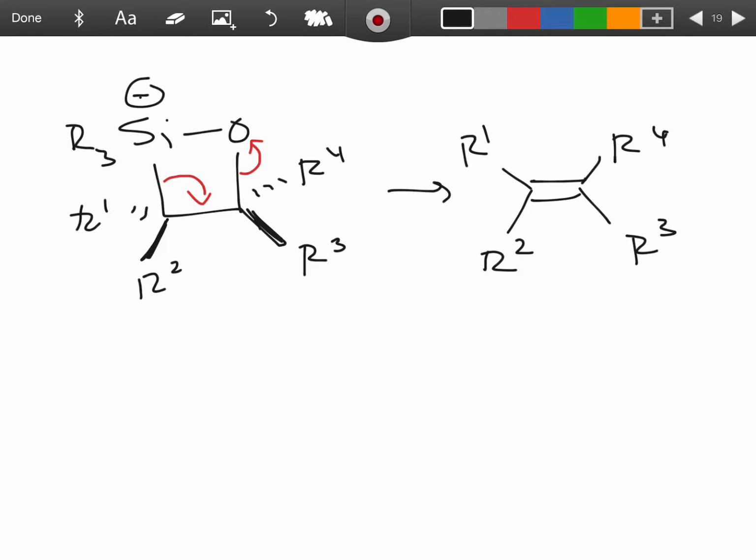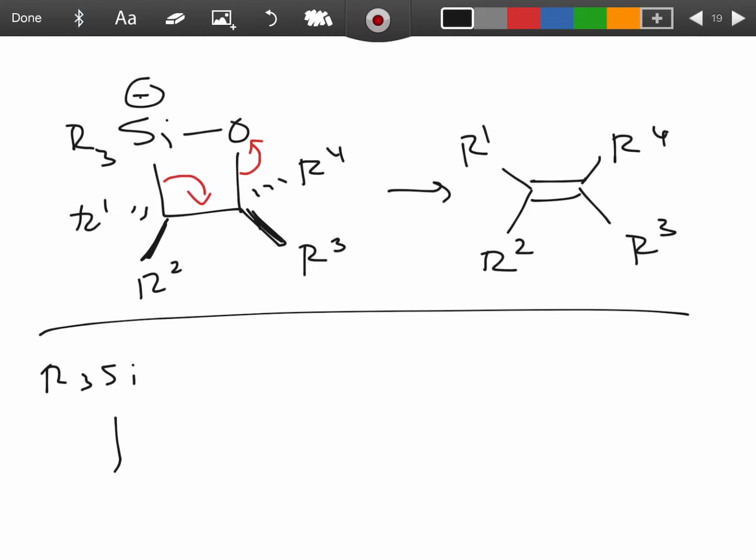Right, now the other diastereomer where R3 and R4 are switched, to get this same product, I have to do it under acidic conditions. So the other structure looks like this. Now I have R2 and R4 on the same side as the other diastereomer.